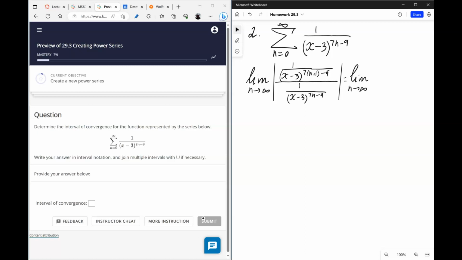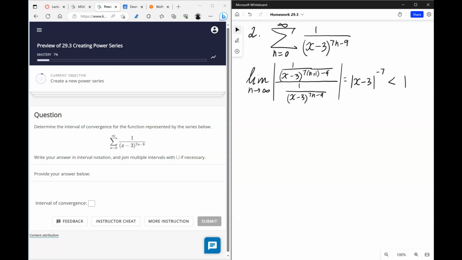We're going to end up with pretty much everything canceling, and we're only going to have x minus 3 to the power negative 7. Since it doesn't depend on n, we can just remove the limit symbol. Now this has to be strictly less than 1.